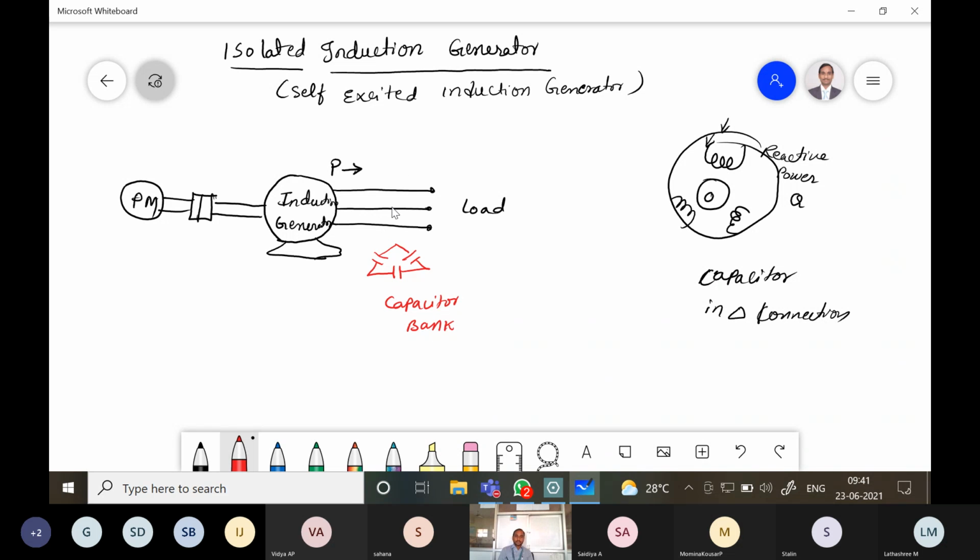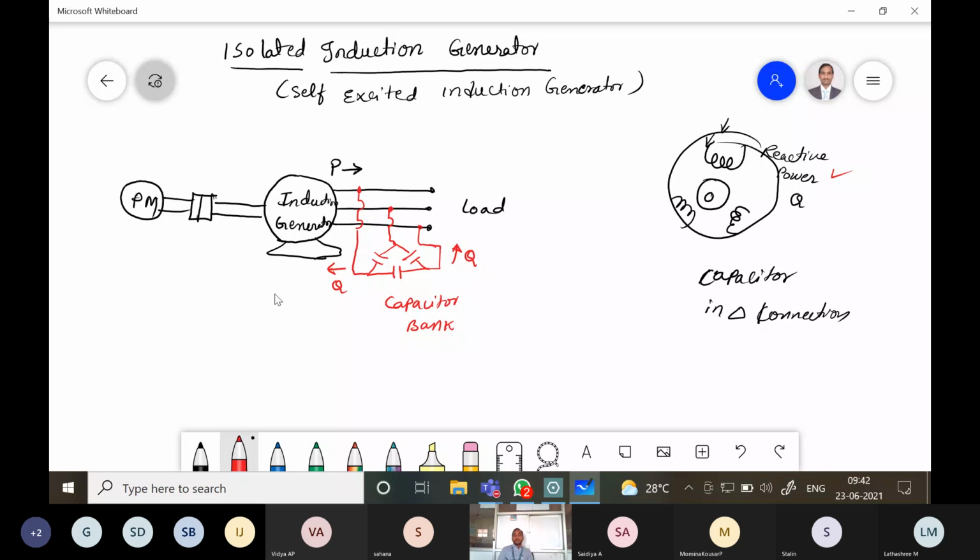This capacitor bank is connected to the same lines. Okay, so this capacitor bank will supply the reactive power to the line. That reactive power will be used by the induction generator for excitation purposes.